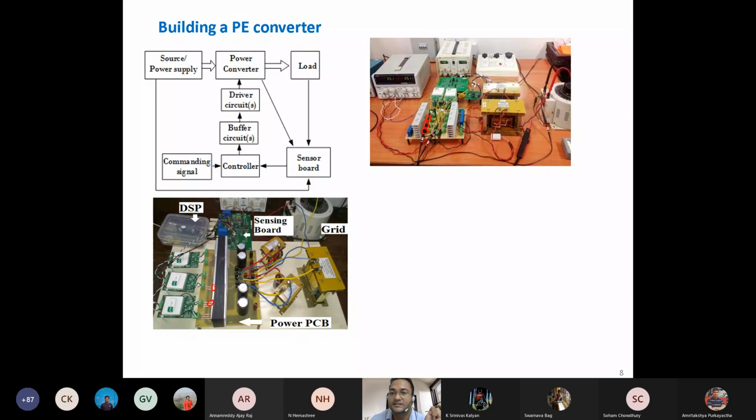Next slide. And this aluminum thing, this is actually a heatsink. Then this blue thing is an example of a current sensor. Then, of course, everything is mounted on a PCB that you can see. This is a sensing interface board. Then look at this thing you already know.